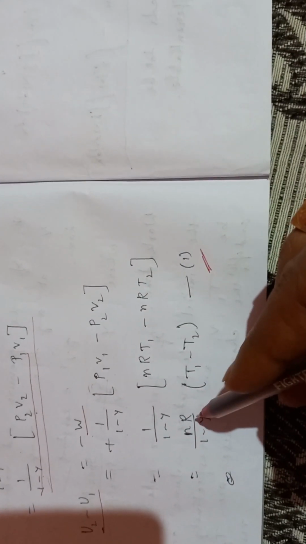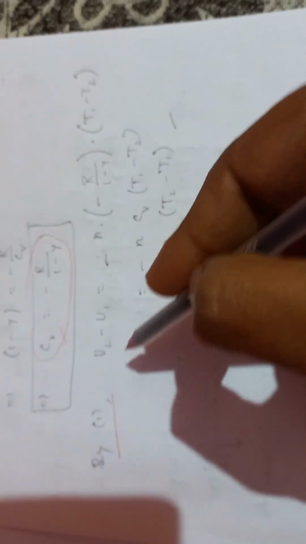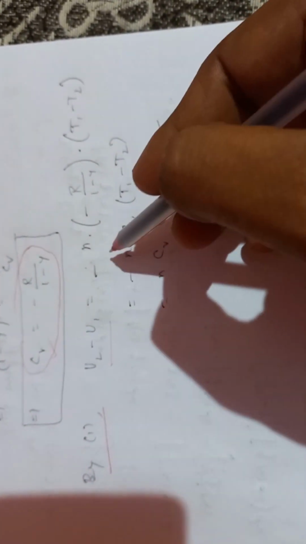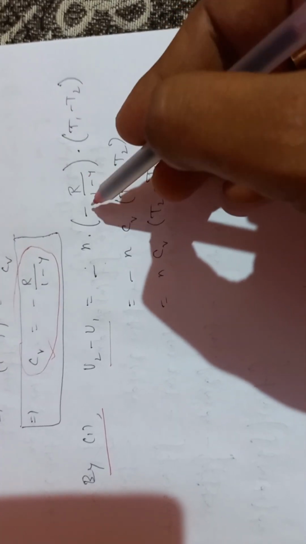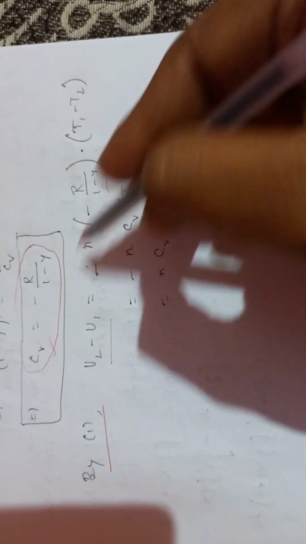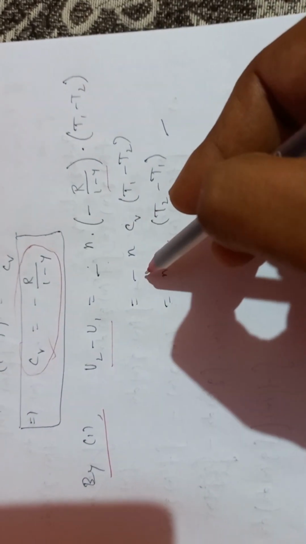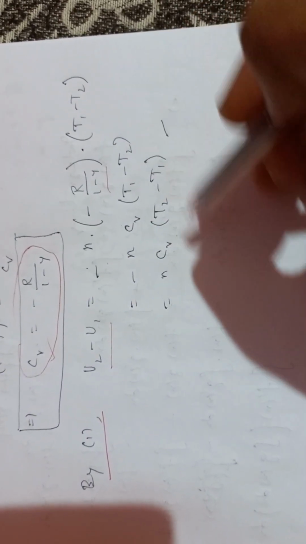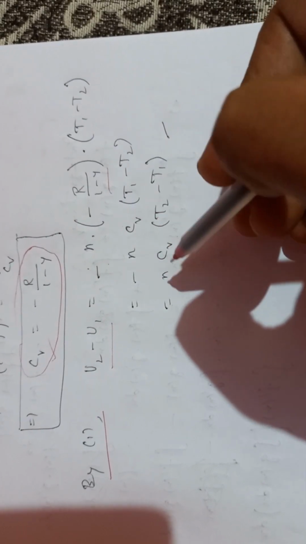So in equation 1, if we put Cv in place of minus R by 1 minus gamma, we will get the change of internal energy equal to minus n Cv (T1 minus T2).